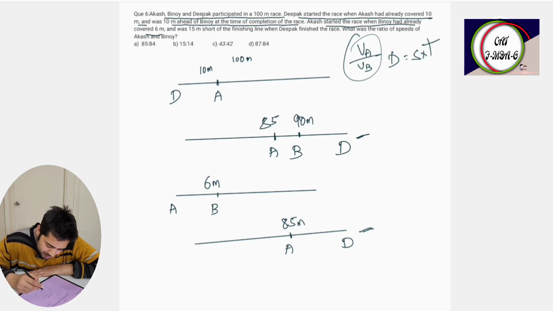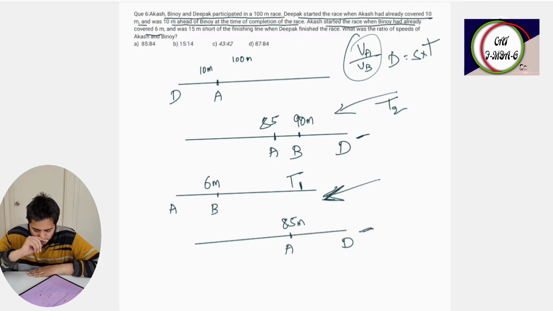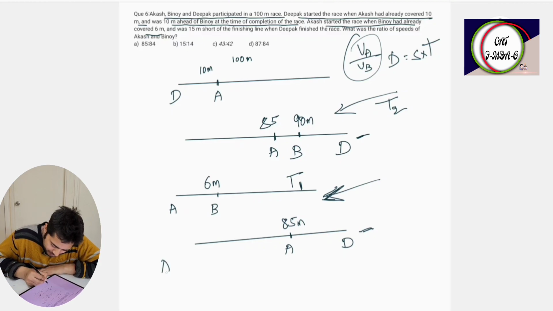So when Akash starts the race from here, let us say the time is t1. And when Akash reaches 85 meters, let us say t2, or Deepak ends the race. So from t1 to t2, the distance traveled by Akash is 85 meters.